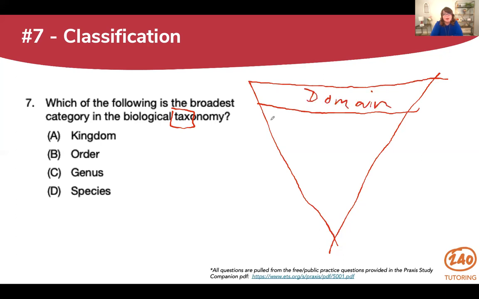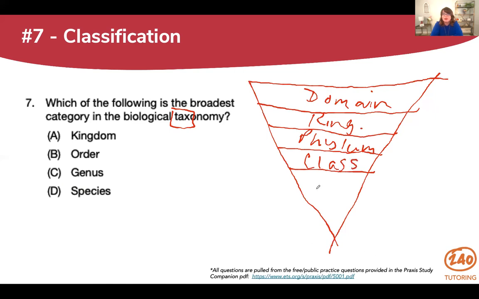All right. And then under there, you're going to have kingdom. And I'm just going to abbreviate for the sake of time. Under there, I'm going to write this one out because this word's not as familiar. Phylum, so it's P-H-Y-L-U-M. And then under that, we have class. And then under that, we have order.